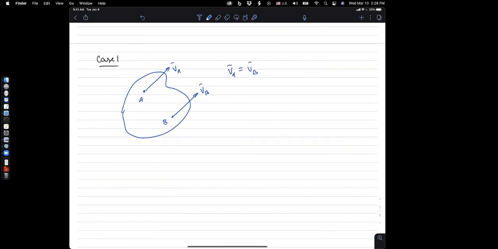Then if you know that the velocity of two points on a rigid body are equal, what do we know about the rigid body? The angular velocity is 0. That's right. It's in pure translation. This implies omega equal to 0, no pure translation.